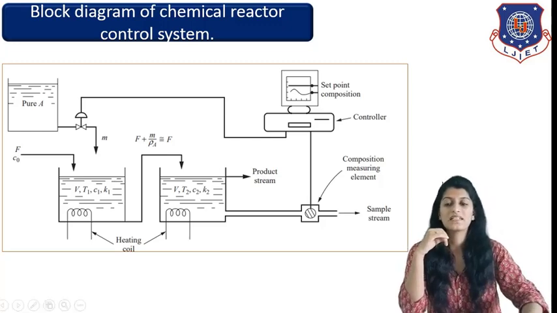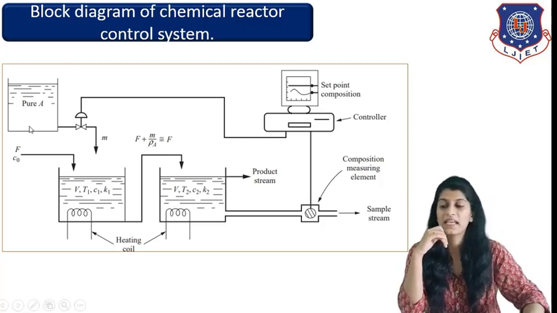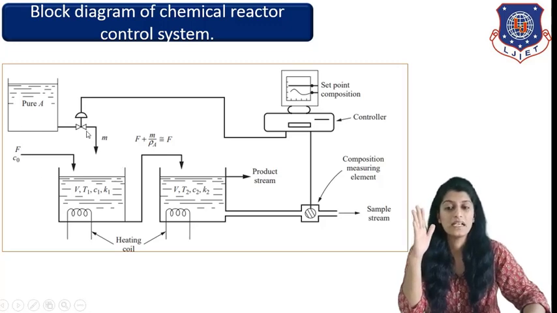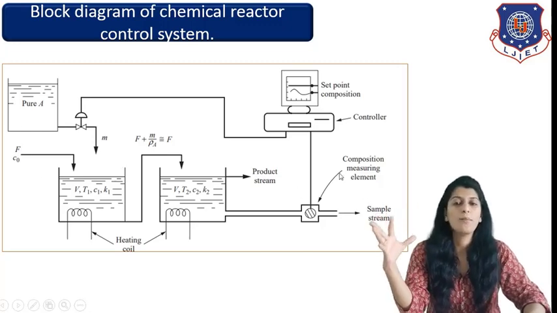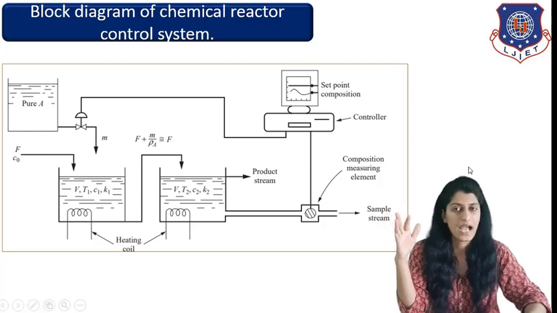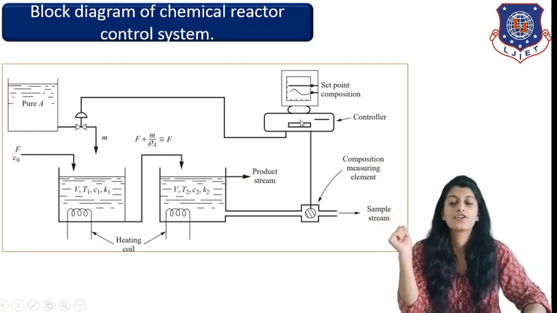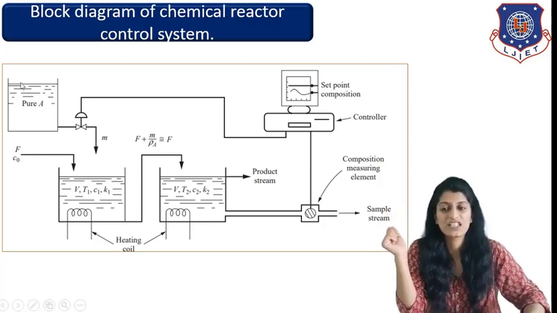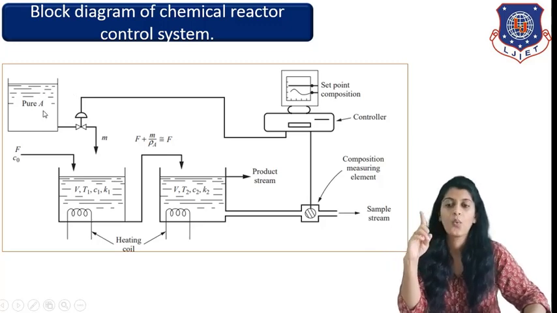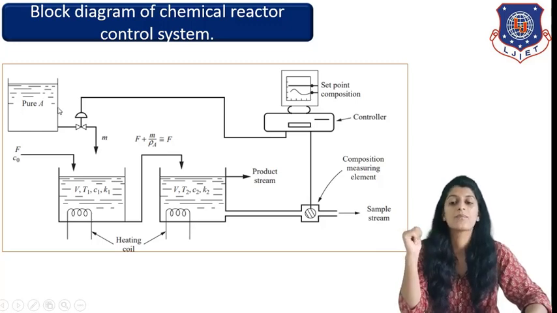So what we are basically going to do is, we will be dealing with inlet and outlet of a complex chemical reactor, right? So here, as you can see, this is the pure A reservoir, which is a reactant in our given case.